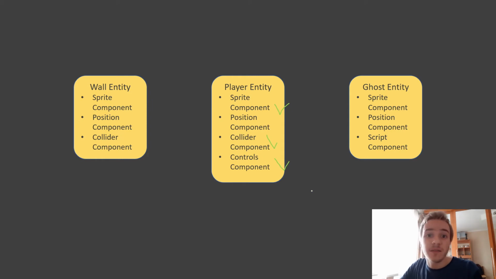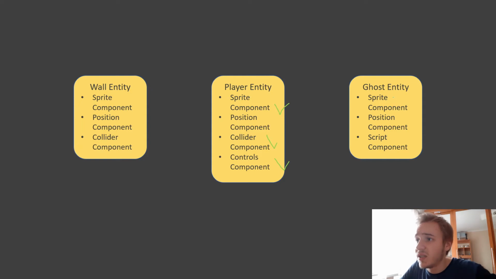And it can have a bunch of other components, and if we need a wall to play some kind of audio, we can just add an audio component to it. Same as the player, we can add components that are specific to this player, so it's much more flexible.